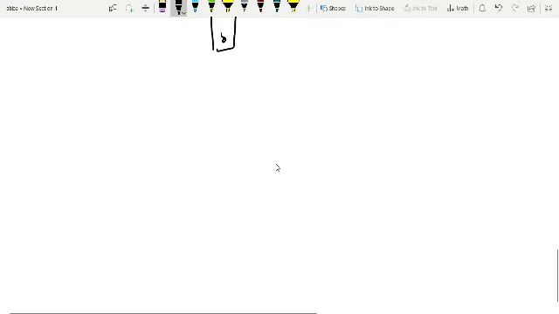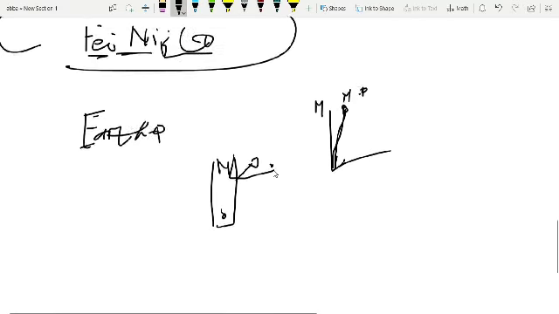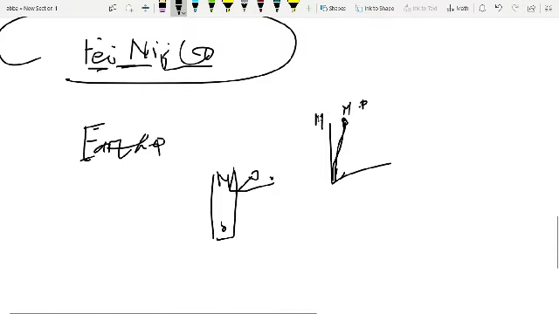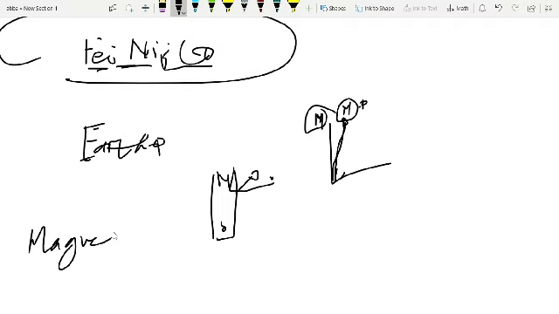Now, that is what we need to know: the magnetic field will tell us the direction of the compass, but we need to know that the north pole of the Earth's magnetic field is not the same as the north pole of the compass. Now, we have magnetic poles and we have the geographic poles, right?